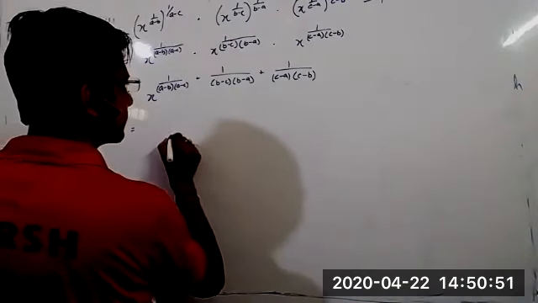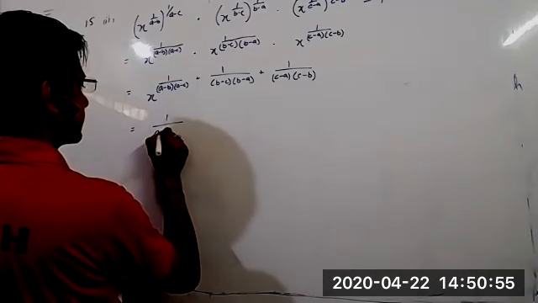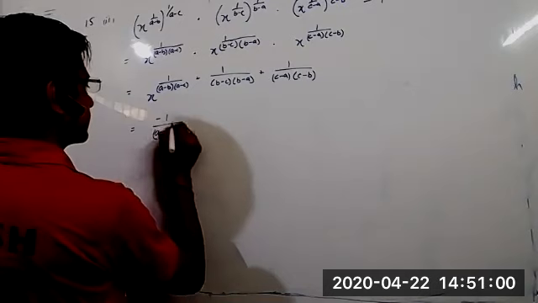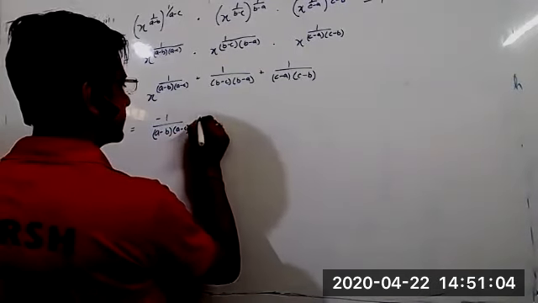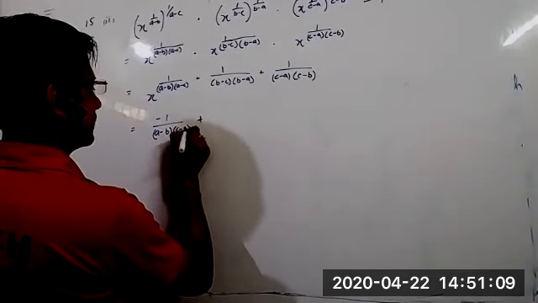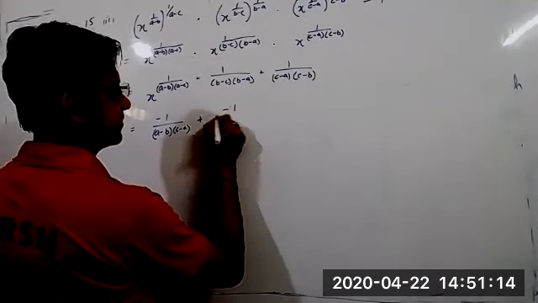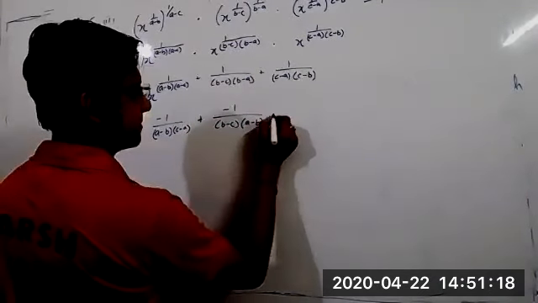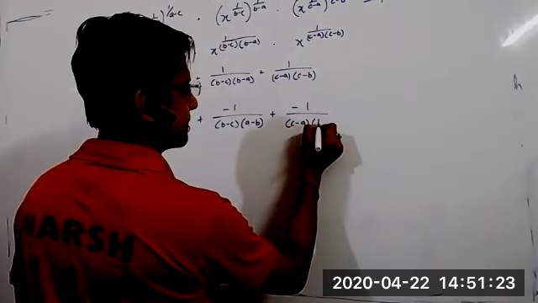Now the first power 1 upon a minus b, c minus a minus c, we can write it as minus 1 upon a minus b, a minus c. Sorry, c minus a. Plus 1 upon b minus c, into minus 1 upon c minus a into b minus c.